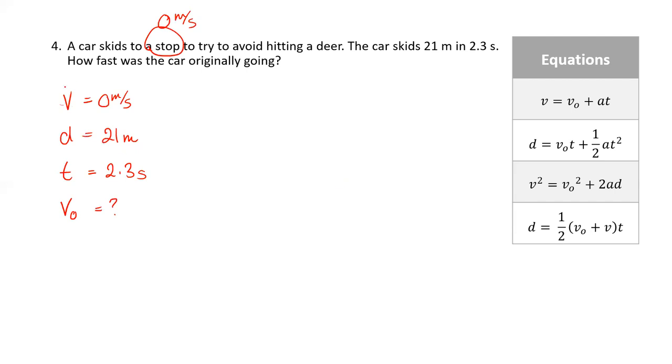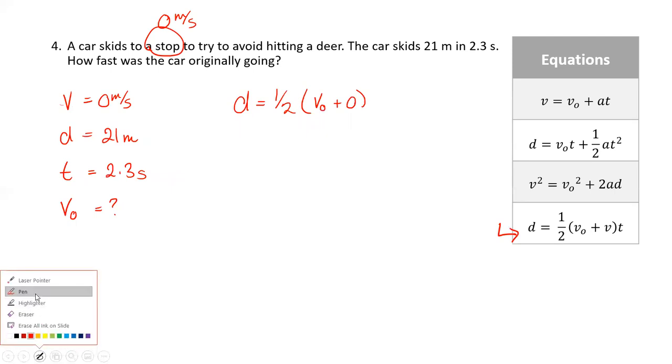So if we look through our equations, we have no acceleration in this question. So we are going to use equation 4. Distance equals 1/2 V naught, which is our original that we're looking for, plus V, times T. I'll use all variables rather than flipping back and forth.